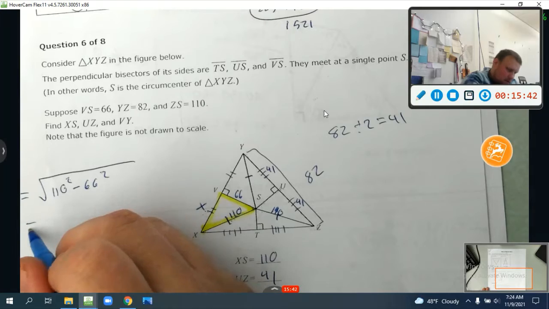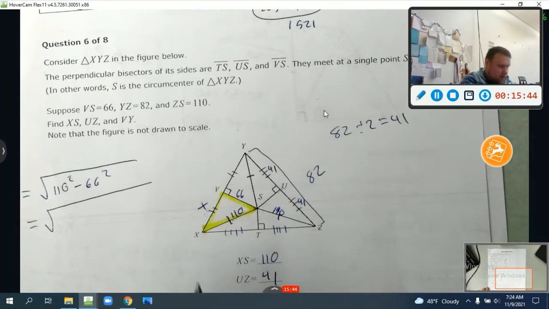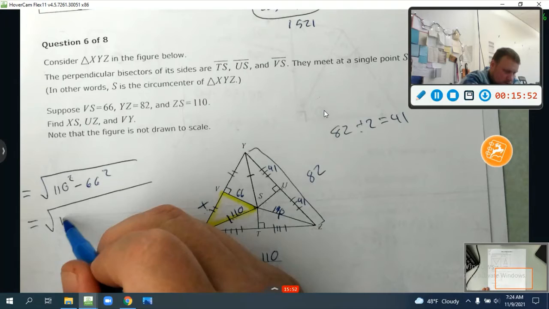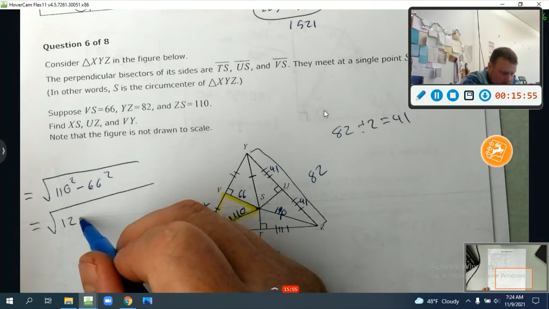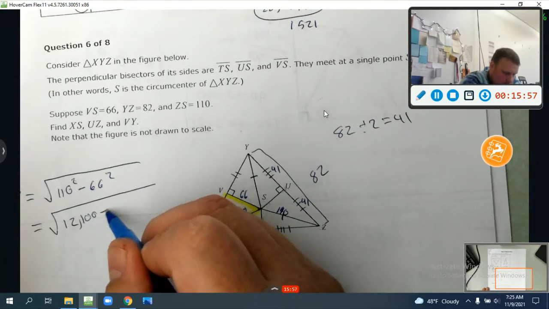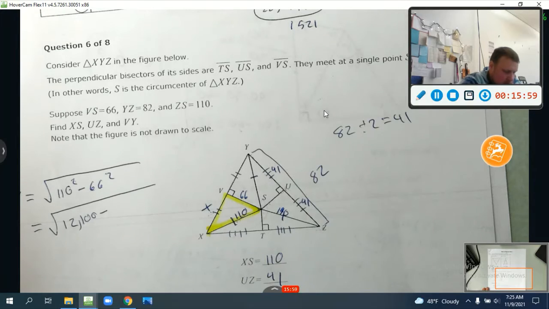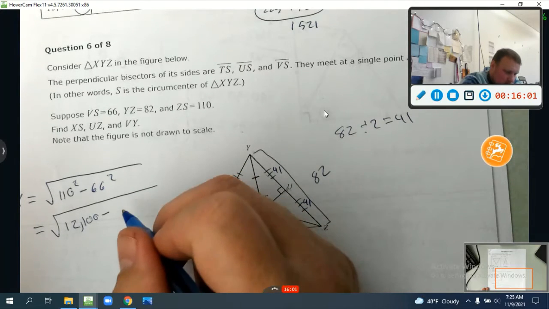Okay, which is going to equal the square root of, I don't know, I'm going to use a calculator. 110 squared, which is 12,100, minus 66 squared, 4,356.